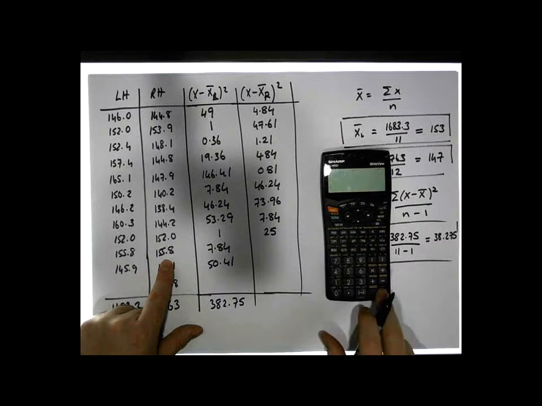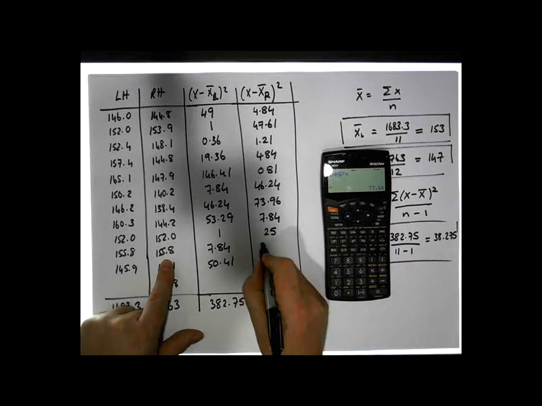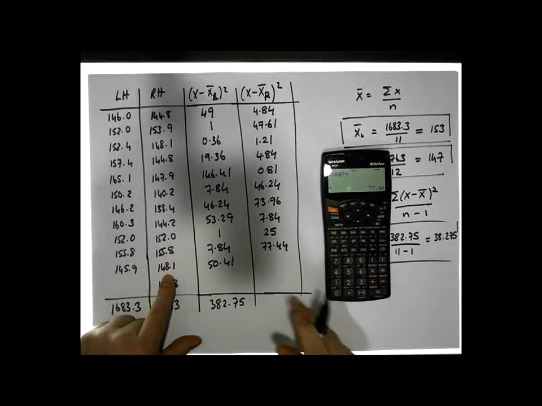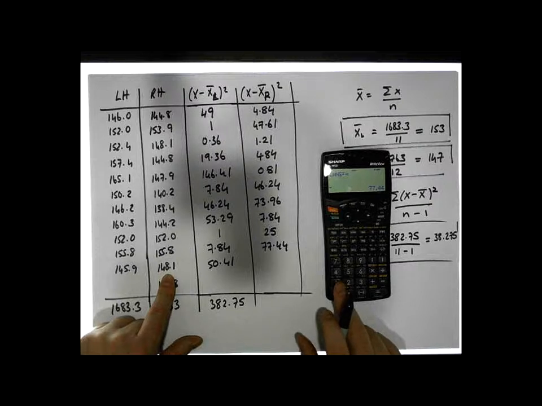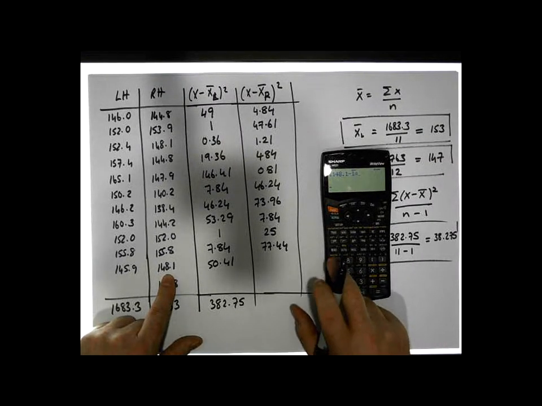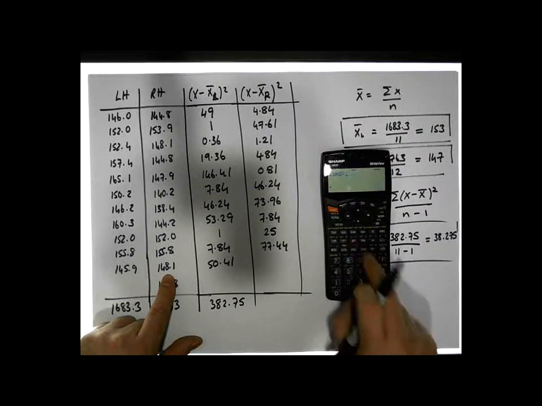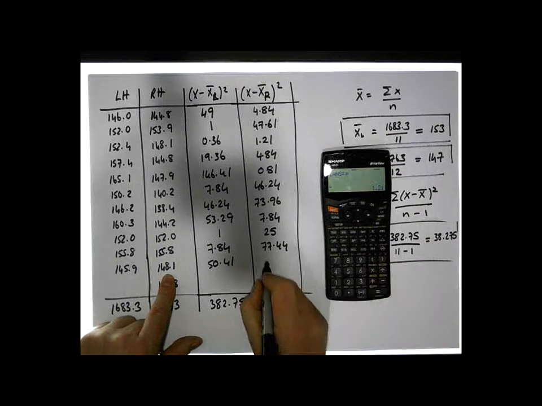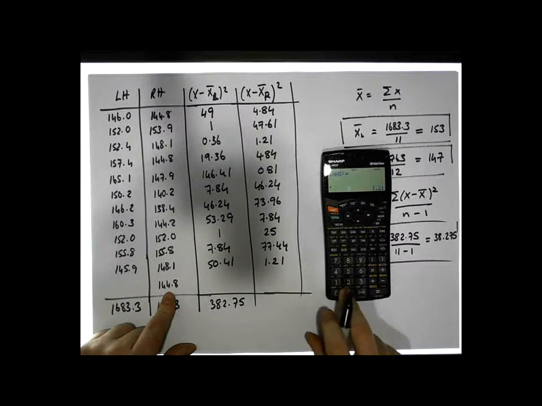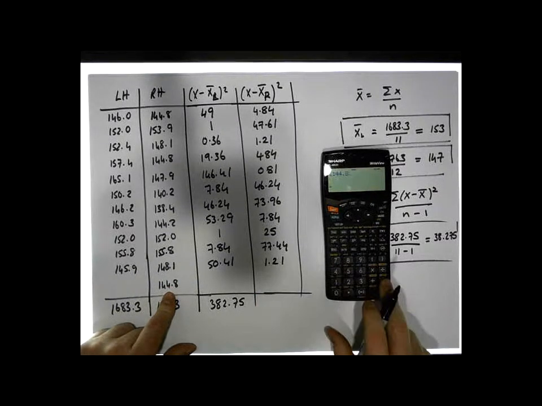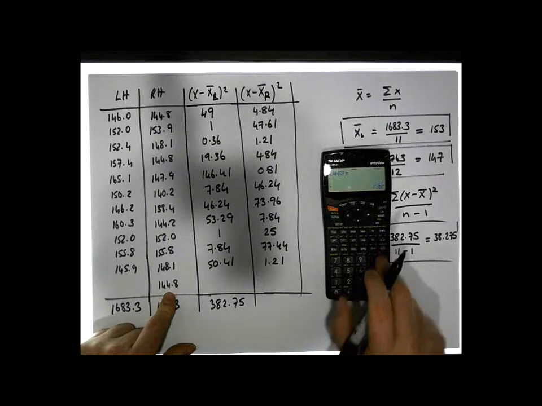When we square that, that gives us 77.44. Then we have 148.1 minus 147. When we square that, that gives us 1.21. And finally, we have 144.8 minus 147. When we square that, that gives us 4.84.